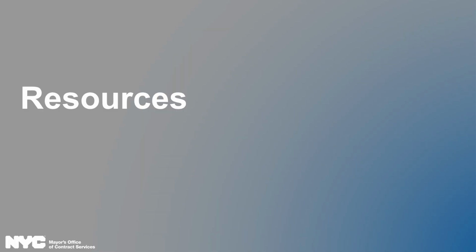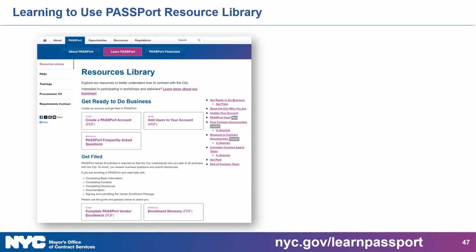Here at MOCS, we are dedicated to making it easier for you to contract with the city. To that end, we have several resources and tools to help you learn how to use Passport. You can access our resources library by visiting nyc.gov/learnpassport.